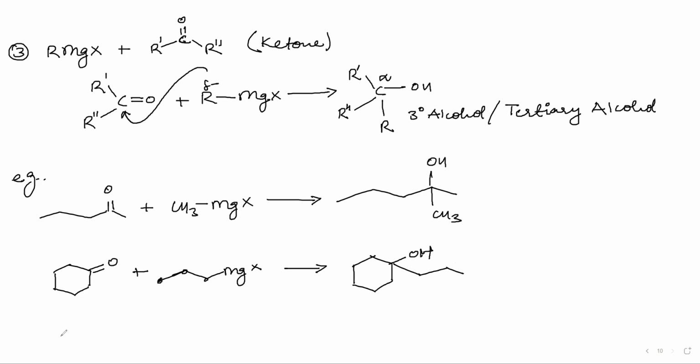Okay. If you want to have some more examples, let us take a simple ketone plus a different type of, let us take one more carbon here. So the product would be alcohol. Now this alcohol, let me take it like this. So you have 1, 2, 3.